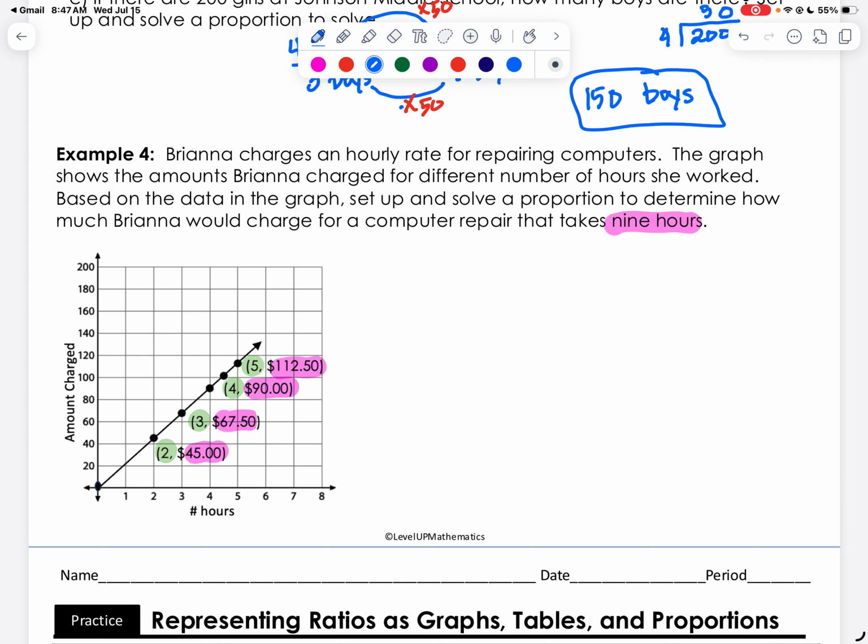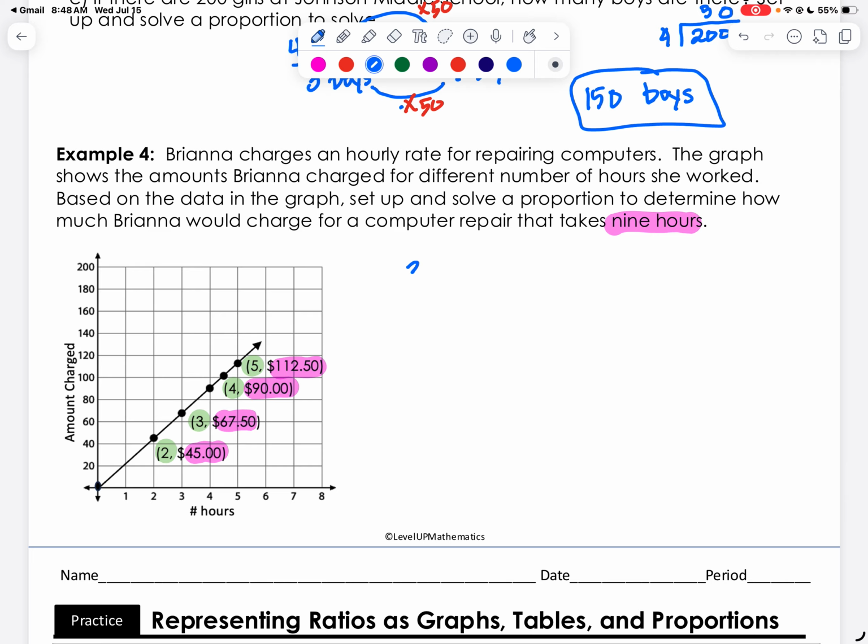So I can choose any of these ratios I want, but I want to use one that would easily scale the hours to 9. So I wouldn't choose the first point, 2 comma 45, because 2 does not go into 9 evenly. Okay, now let's look at our next ratio. 3 hours, $67.50. 3 will scale to 9 much easier.